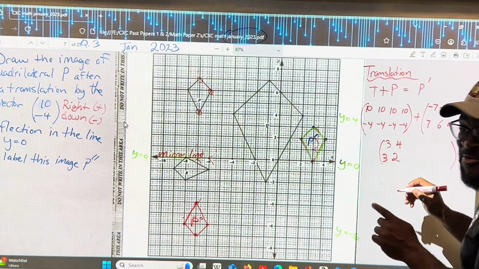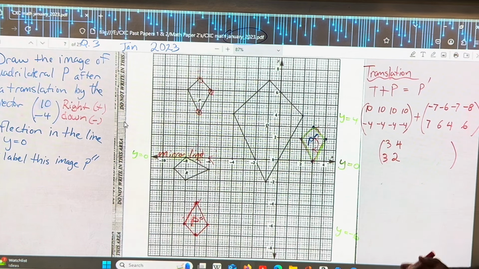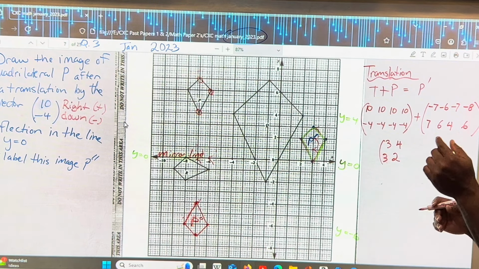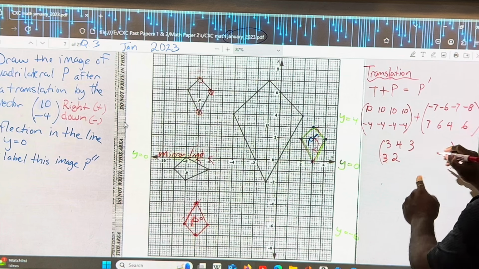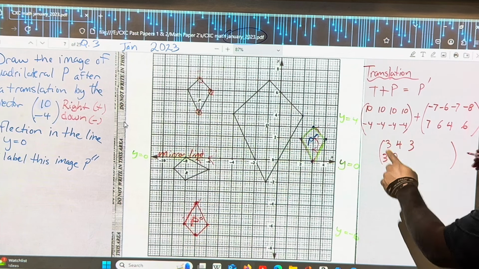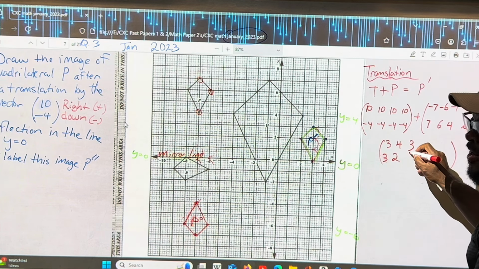Everybody help me. 2. Then 10 take away 7. 4 take away 4.